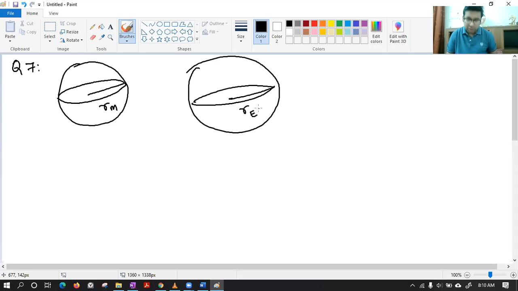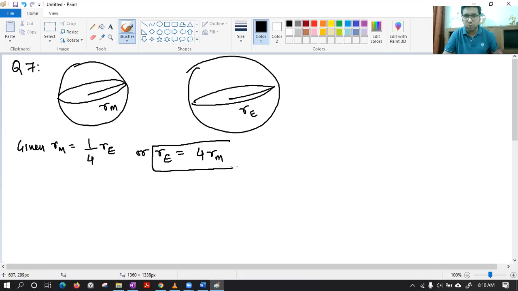They are saying radius of moon is, so given to you is Rm is equal to 1/4 Re, or we can say Re is equal to 4 times Rm. This is given to us. Now what they are asking? They are asking the ratio of their surface area.